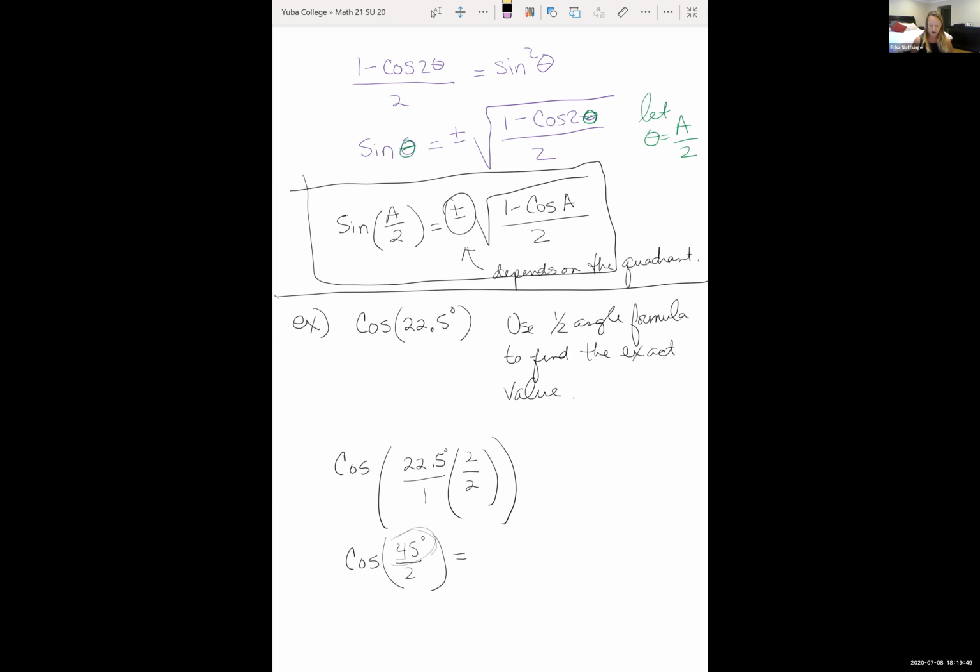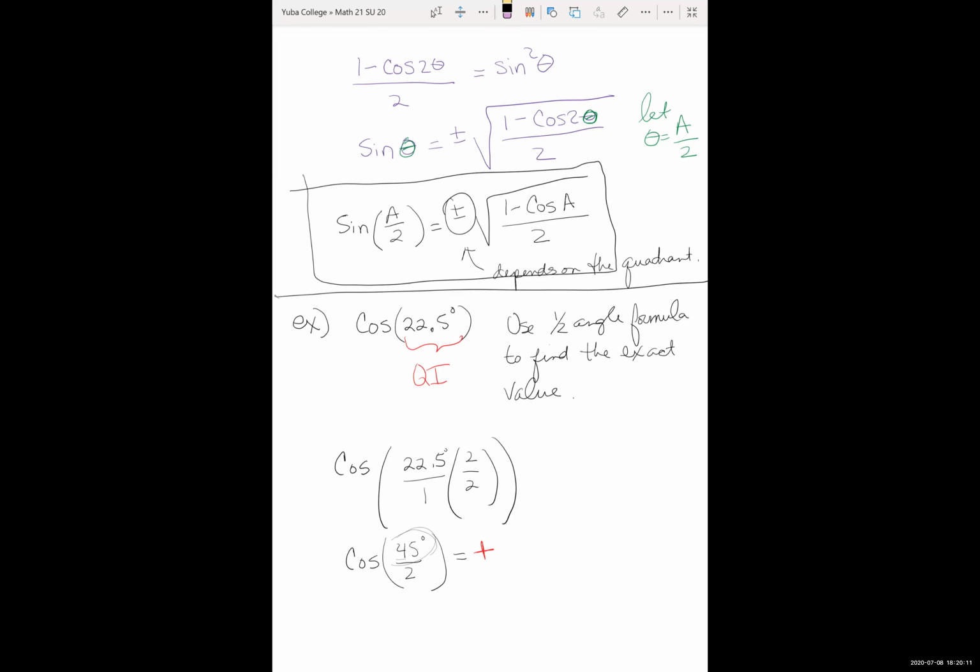And so here, think about whether you're going to have a positive or a negative. We're given our angle, and this angle here is in quadrant 1. So I know that my result is positive when I'm looking at plus or minus.